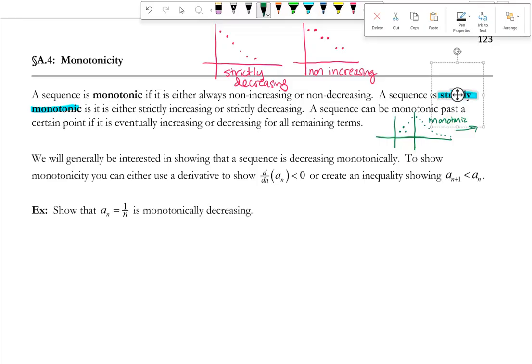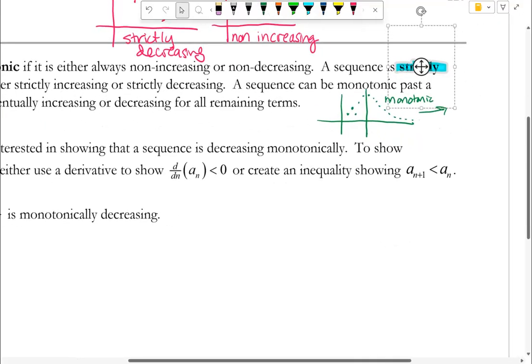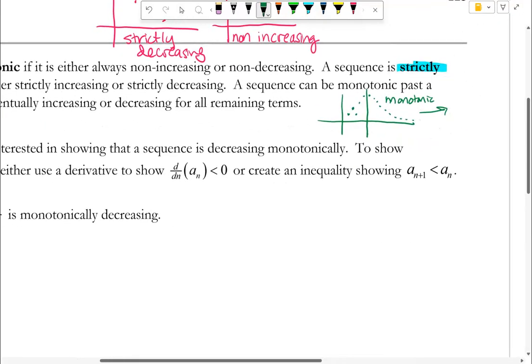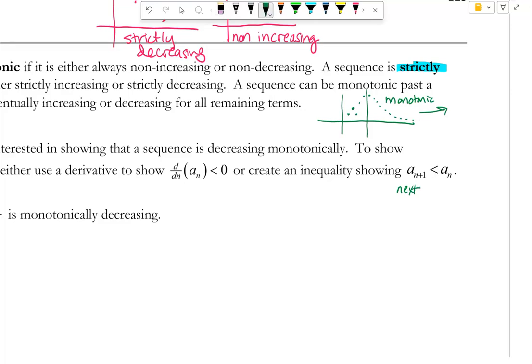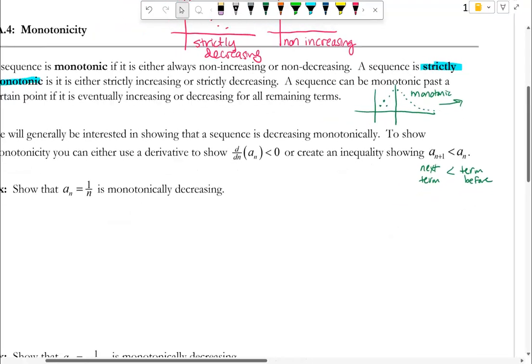Or we could create an inequality that shows a sub n plus 1 is less than a sub n. So I could think of this as my next term being less than the term that came before it, or my previous term. If my next term is less than what came before it, and that keeps happening, that sequence is going to be strictly decreasing.